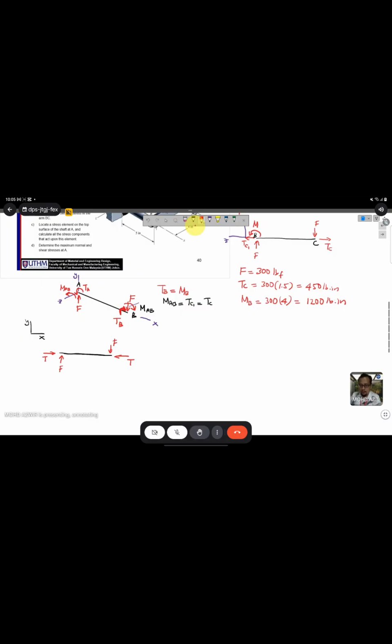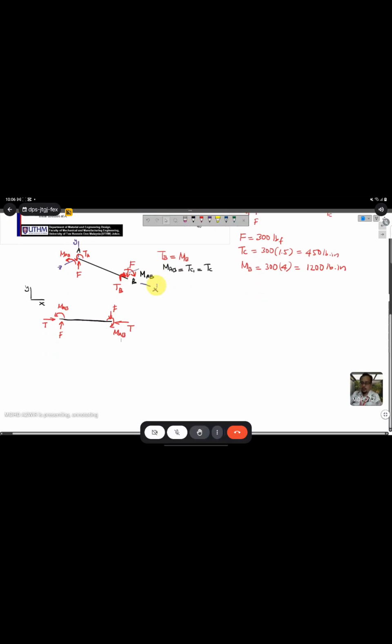And then for MAB, we have MAB here and another MAB here. So you can see the torques have the same value and same direction, so they will cancel each other. And MAB also has the same value.